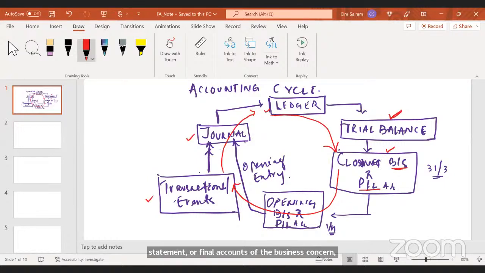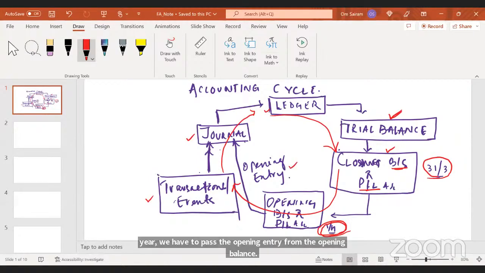This is known as closing balance sheet and closing PL account. This closing balance sheet and closing PL account of the current year will be the opening balance sheet and opening PL account of the next year. So at the beginning of the next year, again, we have to pass the opening entry from the opening balance sheet and opening PL account.